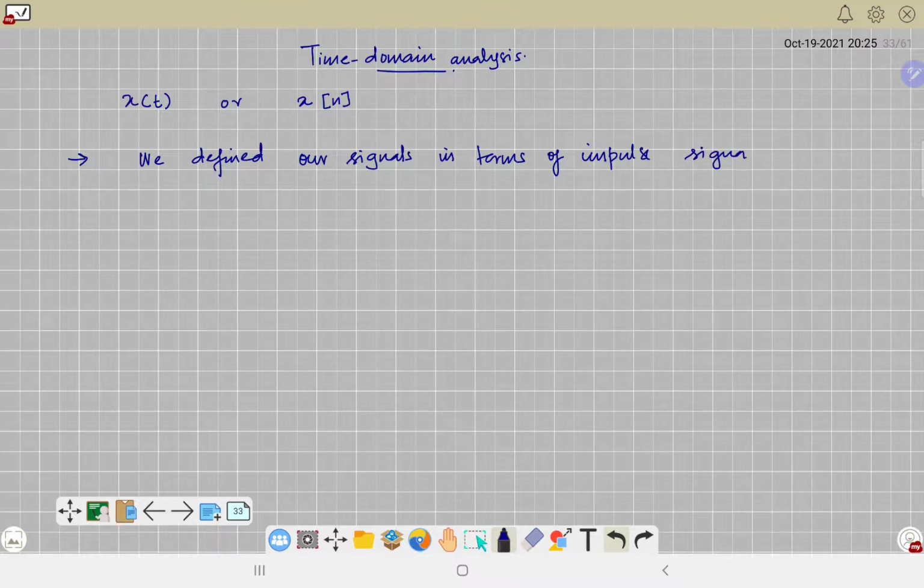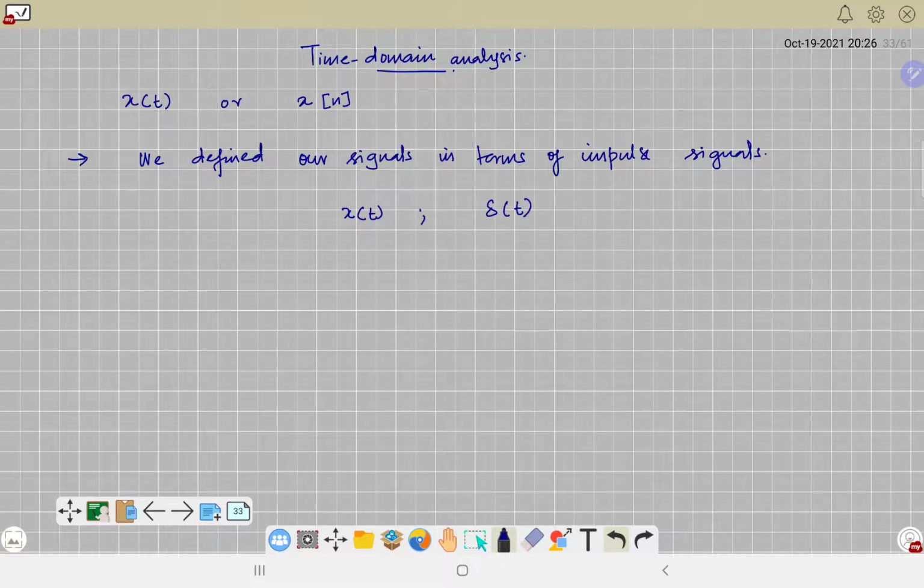This is an important point. So you had an arbitrary signal x of t, which was defined in terms of delta t.